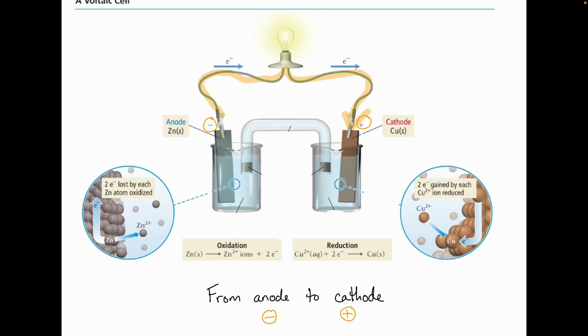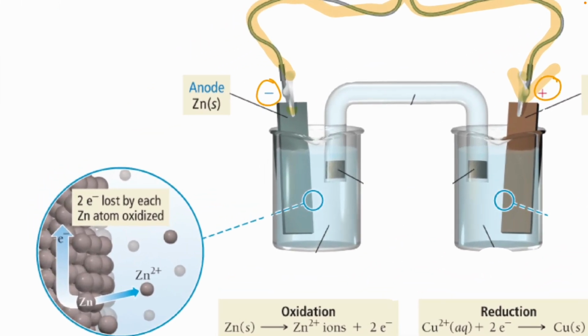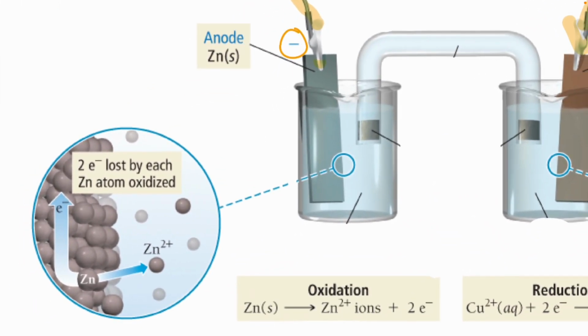Okay? So if we zoom in here to our anode, again, we see that our zinc atoms are becoming zinc ions, right? So that means that our anode is actually deteriorating as this reaction occurs.